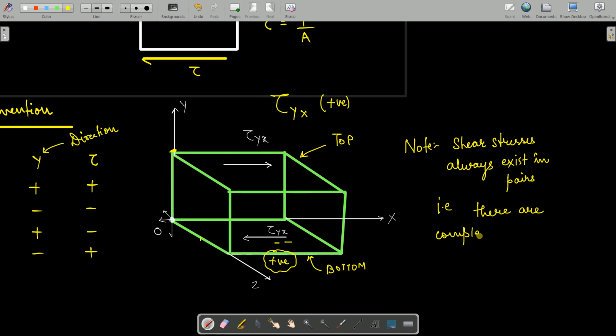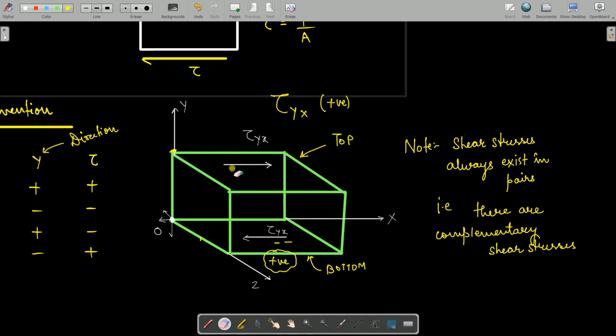There are complementary shear stresses. Okay, so if you consider this top one as the main shear stress, its complement will be the bottom one. If you consider the right hand side shear stress, its complementary will be the left hand side one.